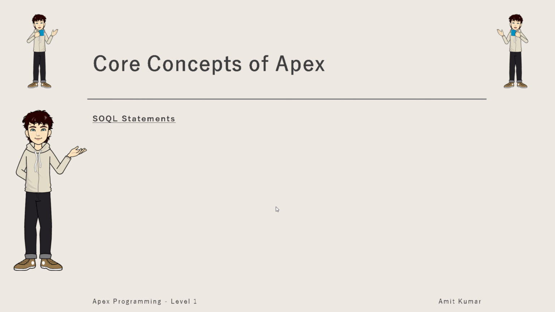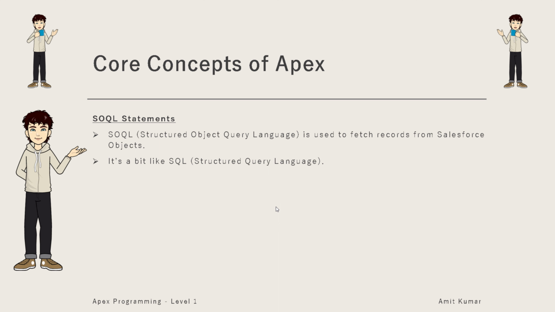SOQL statement. SOQL, or Salesforce Object Query Language, is used to fetch records from Salesforce objects. If you have gone through the administrator part, you must be aware of Salesforce objects, and each Salesforce object holds different records. We can fetch these records with the help of SOQL. It is a bit like structured query language, or SQL, and if you are coming from a database background, you must be aware of SQL.